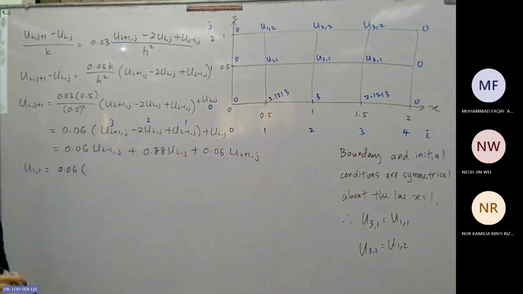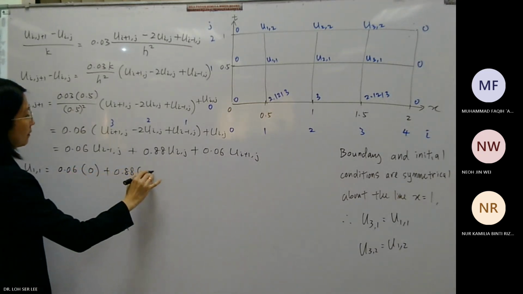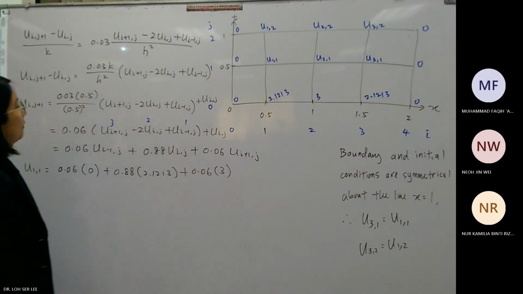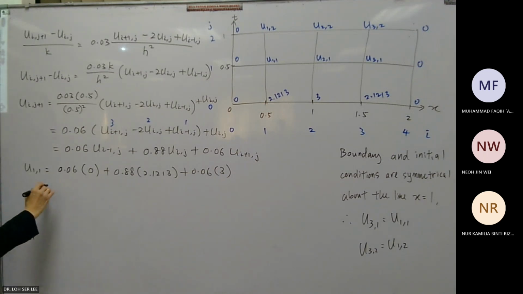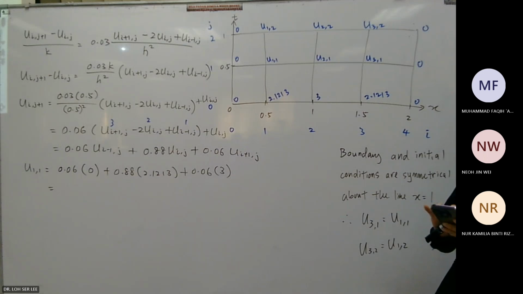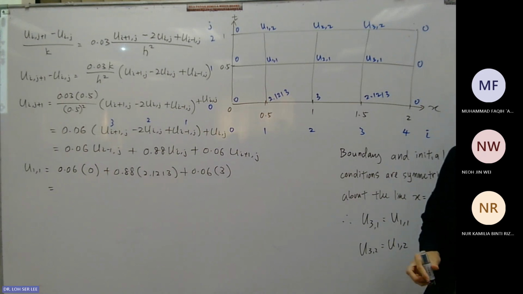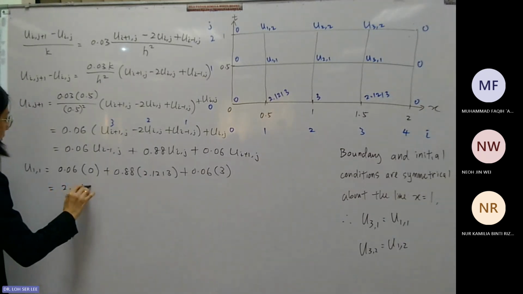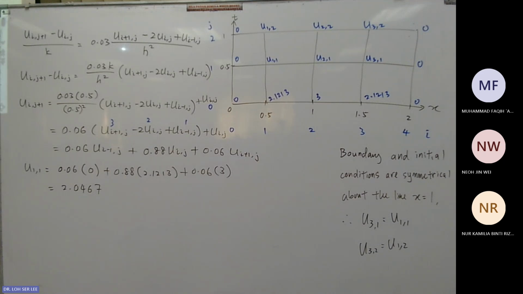For U11, we use this 1, 2, 3. The U11 is 2.0467.